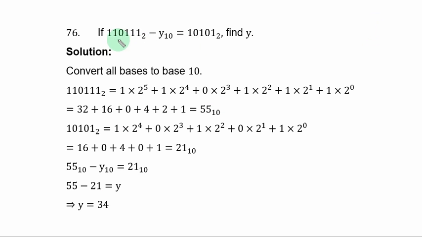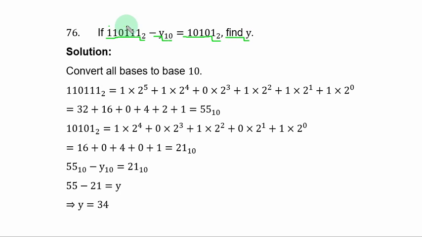Example 76. If 110111 in base 2 minus y base 10 is equal to 10101 base 2, find the value of y. The way it is, all the numbers are not in base 2, so you have to convert to the higher base of 10.